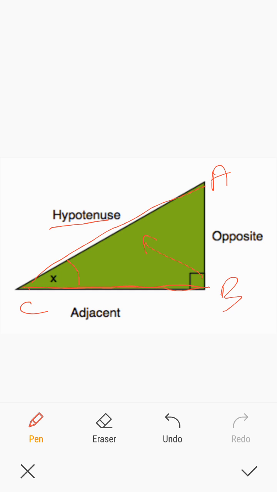Among the two adjacent sides in a right triangle, CB and CA, we mention CB as the adjacent side and CA as the hypotenuse.